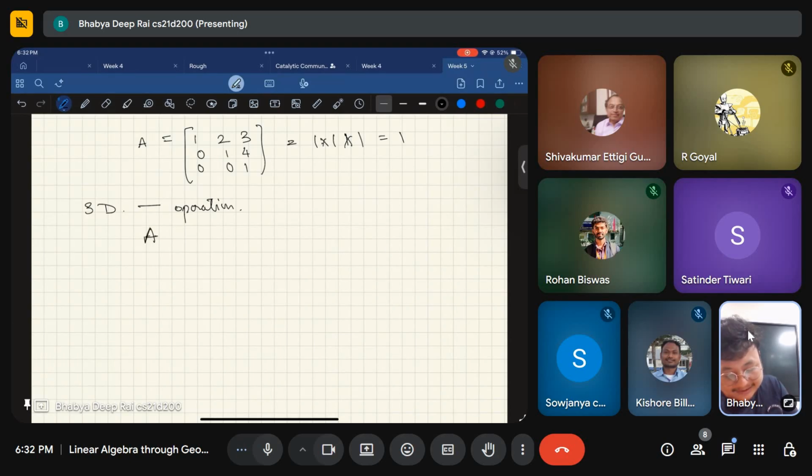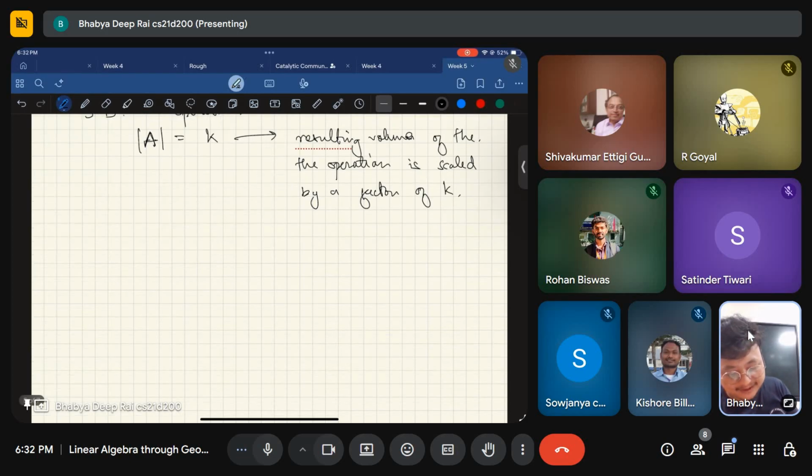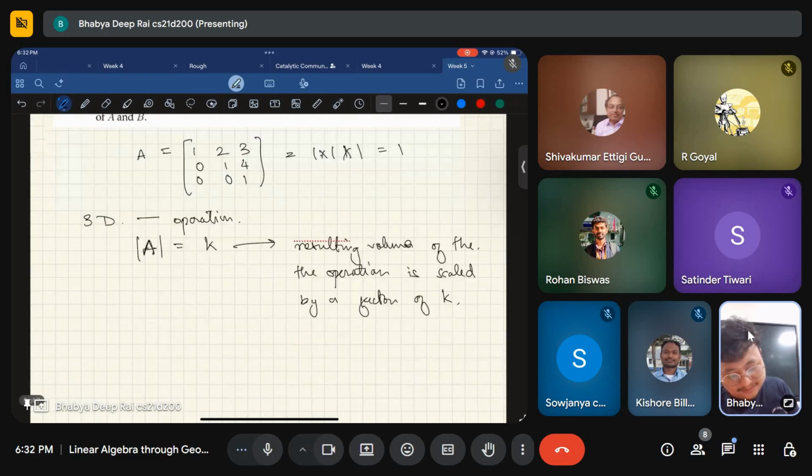When I say that the determinant of A is some value k, what I mean is the resulting volume of the operation is scaled by a factor of k. But what do you mean by the resulting volume is scaled by a factor of k? That is when you compare it.